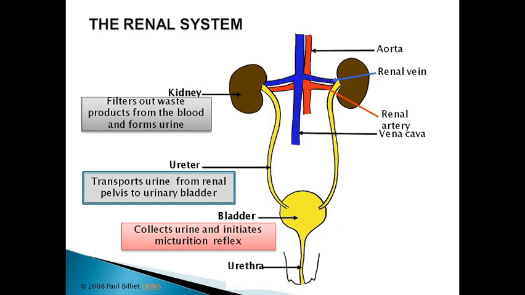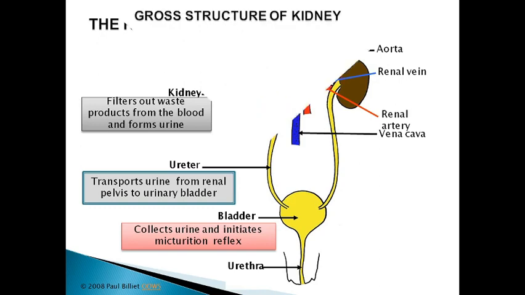Apart from the kidneys, which serve as the excretory organ, the other excretory organs in our body include the lungs, which remove carbon dioxide, the skin, which removes excess of salt and excess of water in form of sweat, the gastrointestinal tract, which removes the undigested waste product. But sensu stricto, the excretory system refers to the renal system.